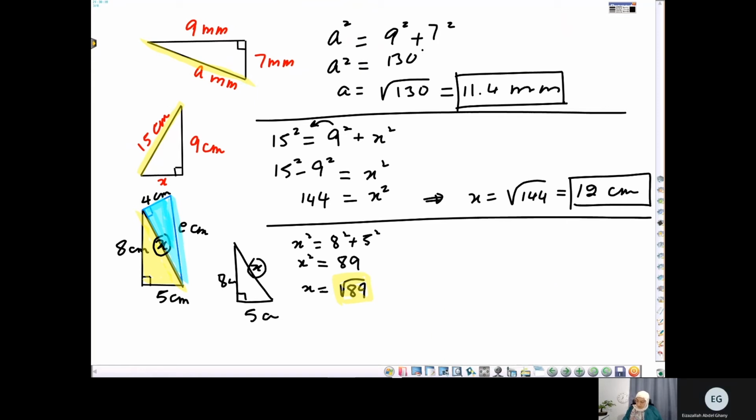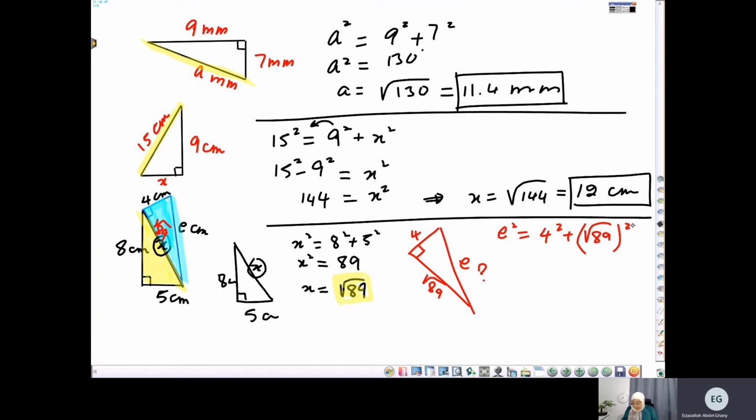Now, go to your diagram and write here the square root of 89 because I will use it. Now, the next triangle, which is the blue one. Here is the square root of 89, we already got it. Here is E, and here is 4. E is the question mark here, which is the hypotenuse. How to find E? E squared equals the sum of the squares of the two shorter sides.